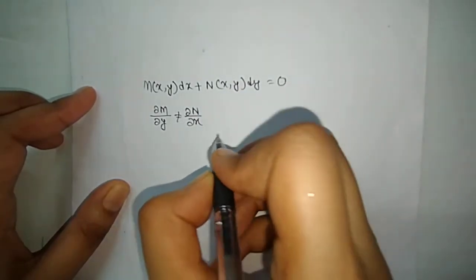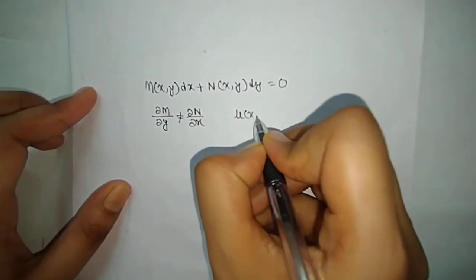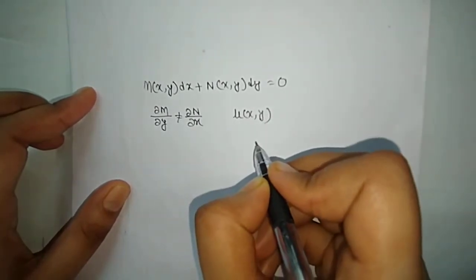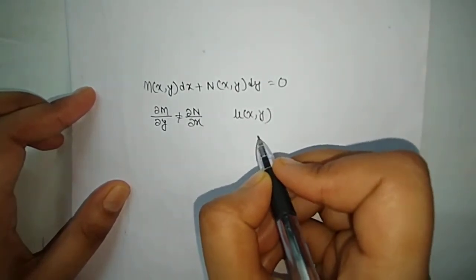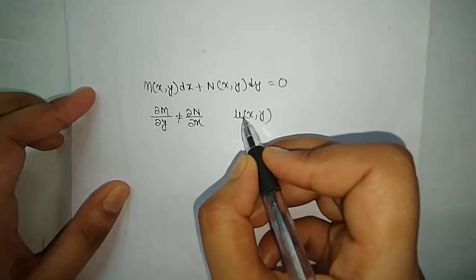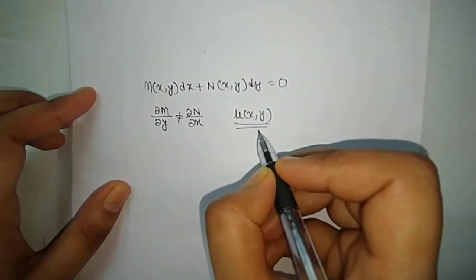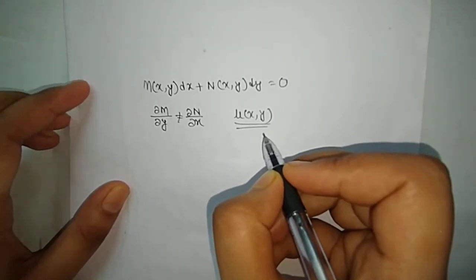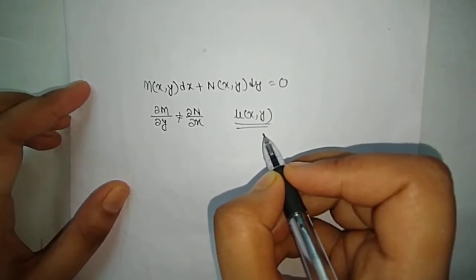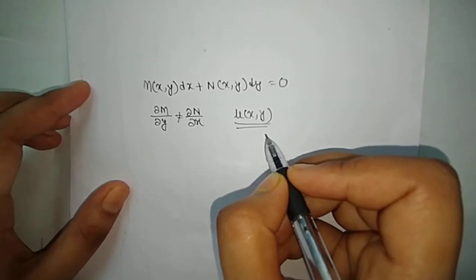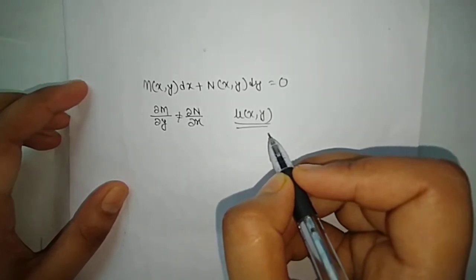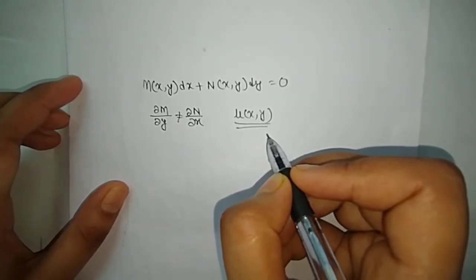Suppose there exists a function μ(x,y) such that when we multiply the differential equation by μ(x,y), the equation becomes exact. Then this μ(x,y) is called the integrating factor of the equation. In other words, an integrating factor is a multiplying factor by which the equation can be made exact.